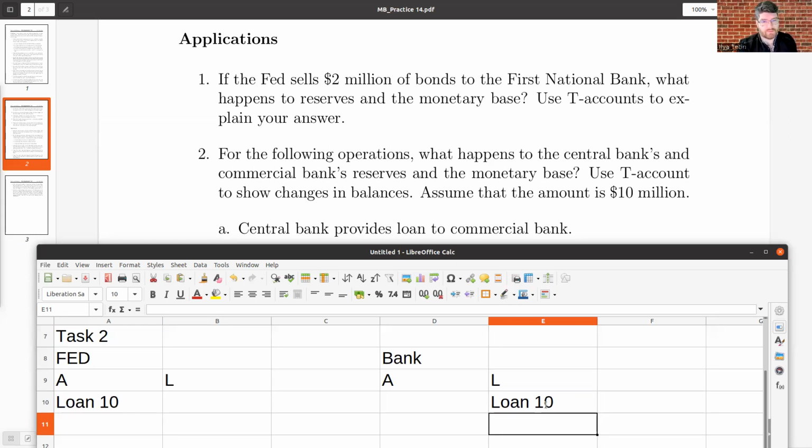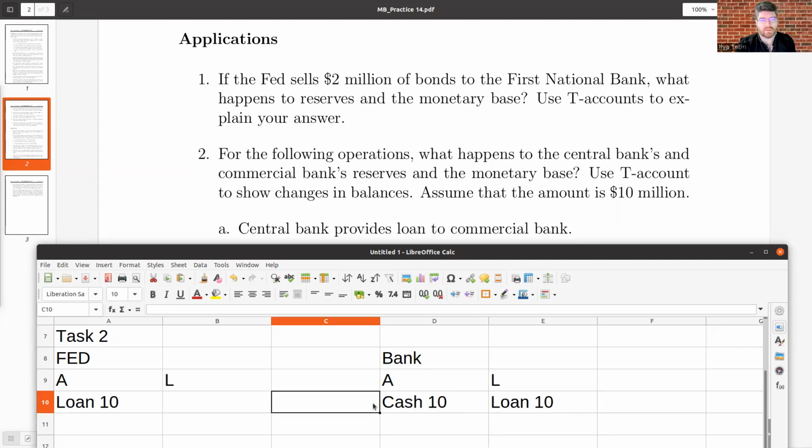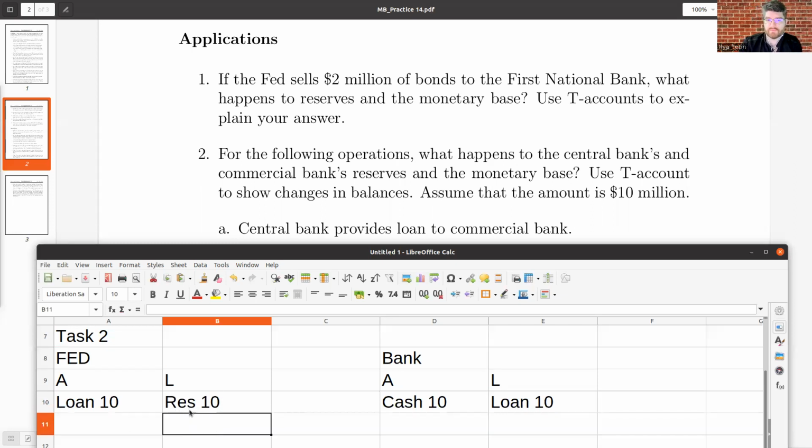What about this loan? It is converted to cash. Here 10 million, and these 10 million in cash should be placed. Actually, it creates the reserves of 10 million by providing the loan.